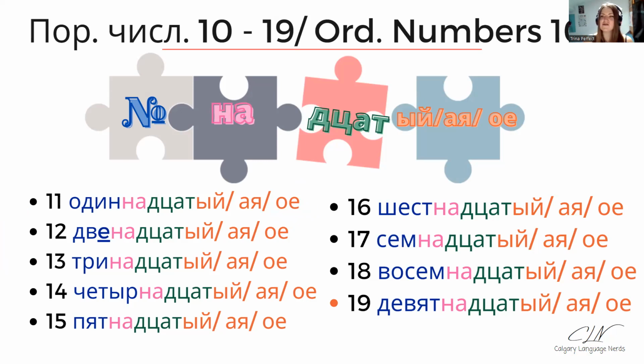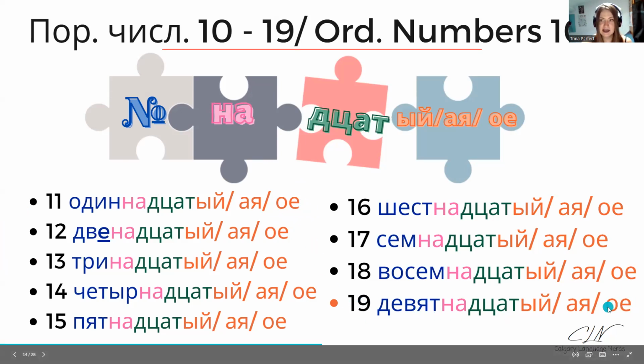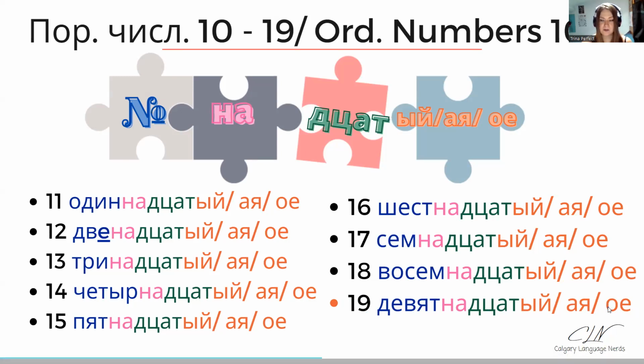Today is the 19th of June. So I'm going to say сегодня 19 июня. So it makes sense to learn ordinal numbers onwards, because with the dates and with, for example, anniversaries, things of the kind, we're going to be using the ordinal ones.